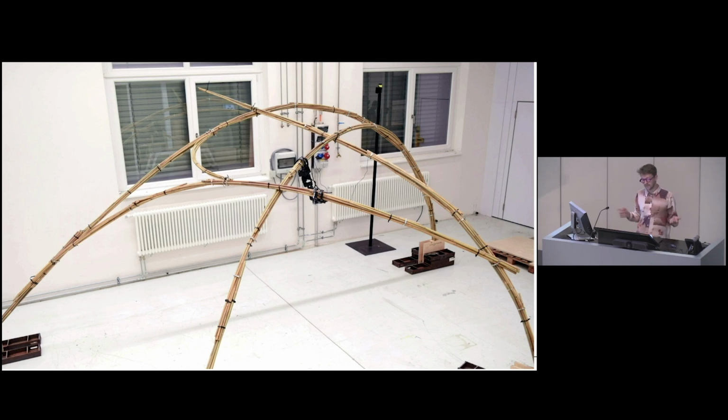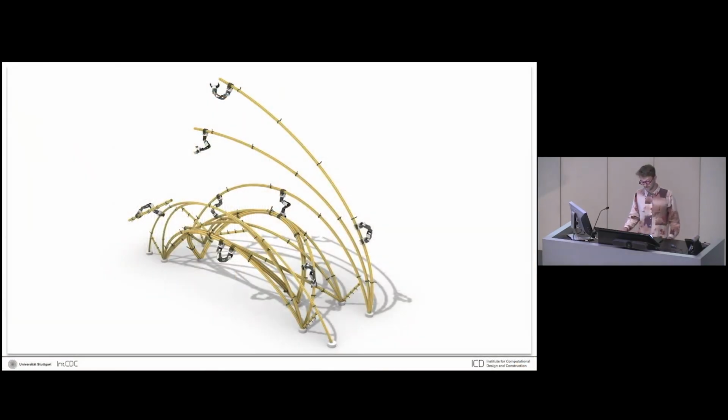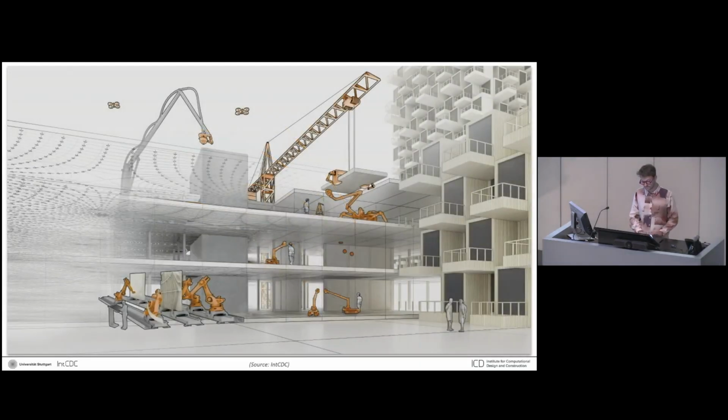Design and assembly can be integrated into an iterative process where you navigate between the simulation and the corresponding choreographies of the robots. And as such, materials not only serve as a passive element that can be utilized in construction, but also as an active driver for the design and construction process.